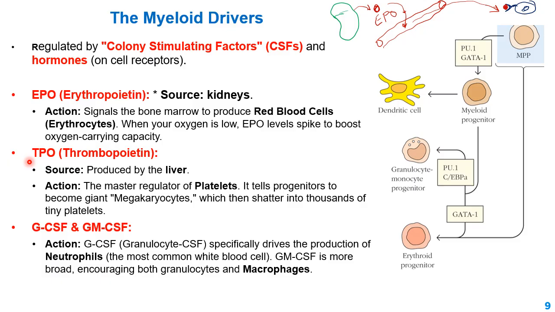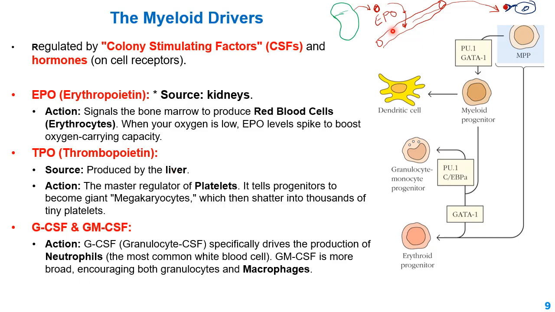Now let's say that your body doesn't need red blood cells but needs platelets. There is a hormone for that, called thrombopoietin. Thrombopoietin is not produced by the kidneys, it is produced by the liver.